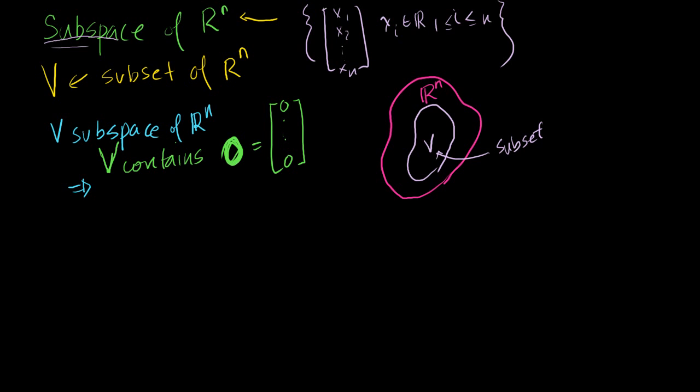Second, if I have some vector x in V, if x is one of these vectors included in my V, then when I multiply x times any member of the reals, if V is a subspace of Rn, then x times any scalar is also in V. This has to be the case.